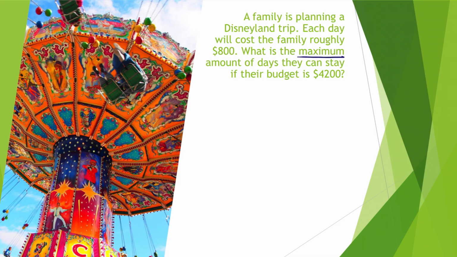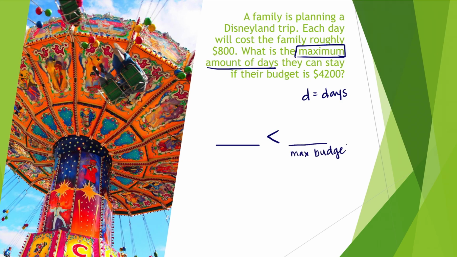So we have a couple of things. We have the word maximum, and we have the amount of days. So I'm going to use D for days. And we also know that we have a maximum, and remember that means that the value has to be less than my maximum budget, which we know is 4,200.